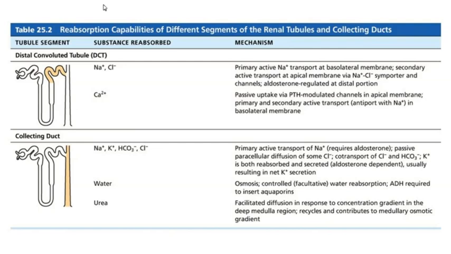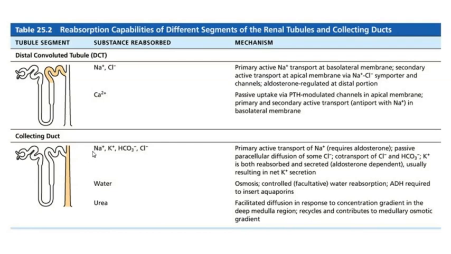And again, just to summarize here, in the distal convoluted tubule and the collecting duct, the substances that are reabsorbed are highlighted in this table here, and the mechanism by which they're reabsorbed is also highlighted here as well. Recall that sodium transport across the distal convoluted tubule is a primary active transport process, and it's aldosterone regulated.